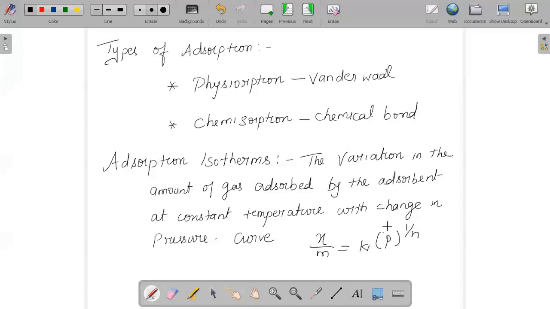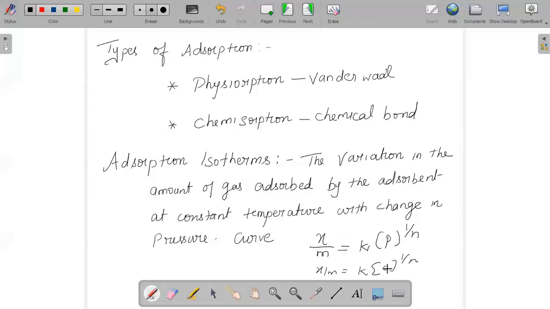If solutions are involved, then the equation changes to x/m = k c^(1/n), where x is the amount of adsorbate, m is the mass of the adsorbent, p is the pressure, and in case of concentration, c is the concentration of the adsorbate.